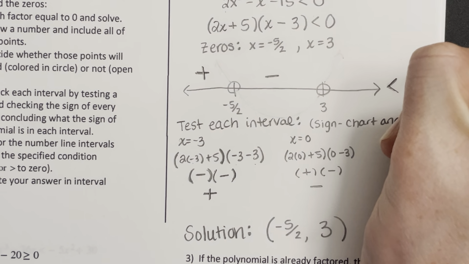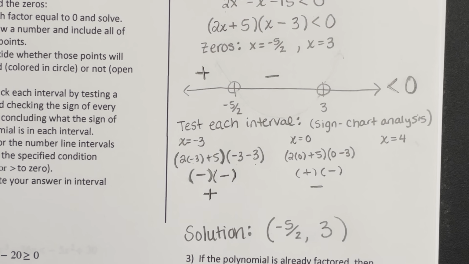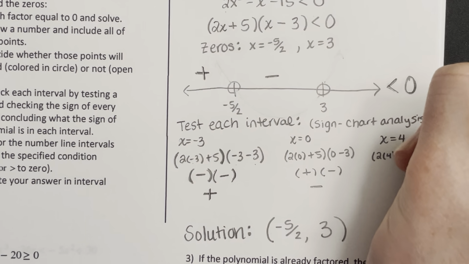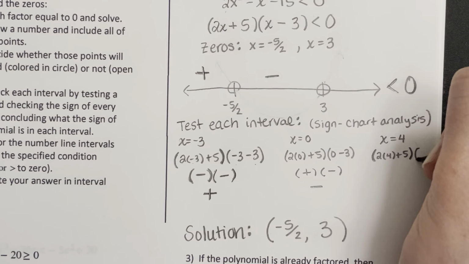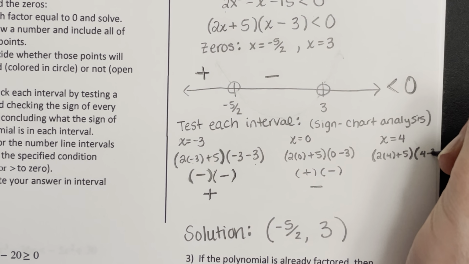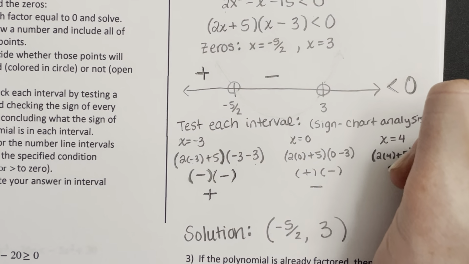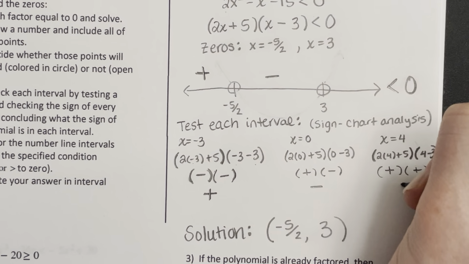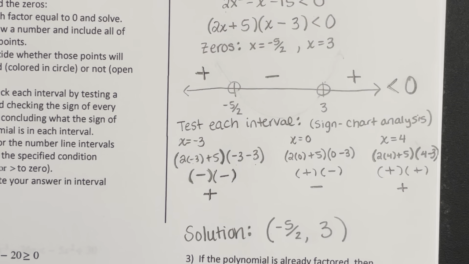And then we pick a number to the right of 3, something like 4, 5, 6, or 1,000,000. I plug that in. 2 times 4 plus 5 times 4 minus 3. That is a positive number times a positive number, which is positive. So that last section was positive.